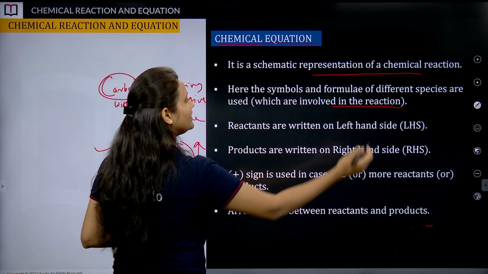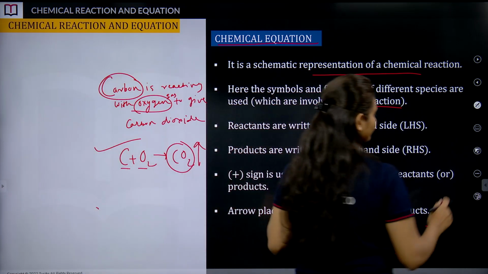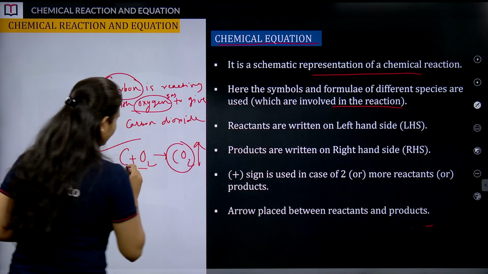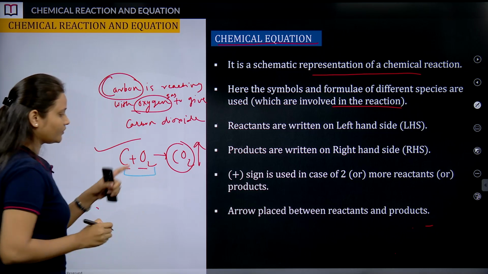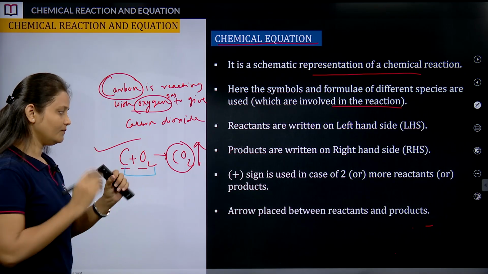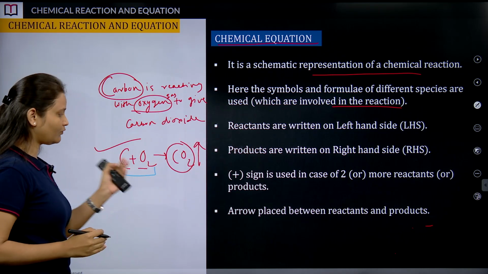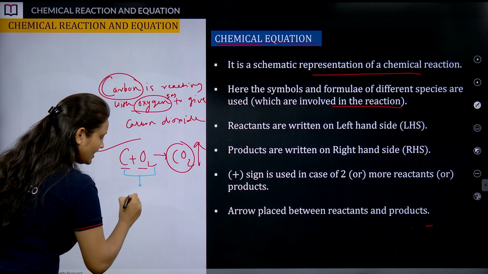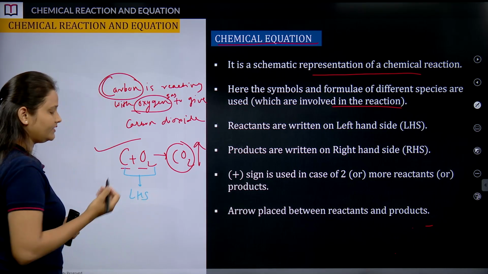Reactants are written on the left hand side of the reaction. Can you all focus here? Carbon dioxide is getting formed on the other side of the reaction. But what about here? This is the left hand side of the reaction.